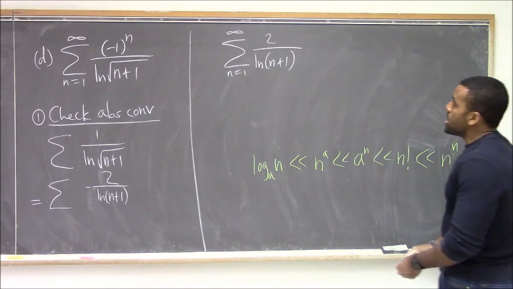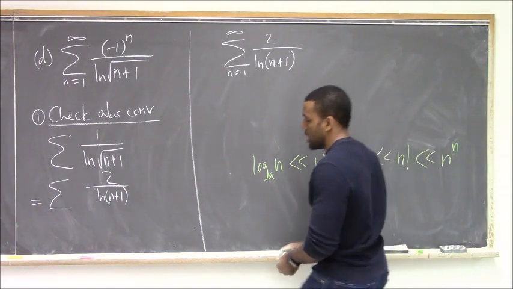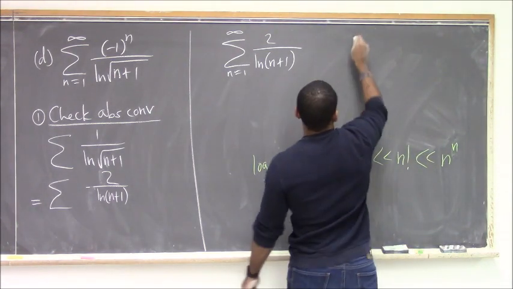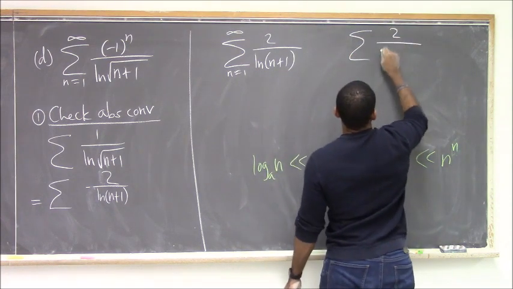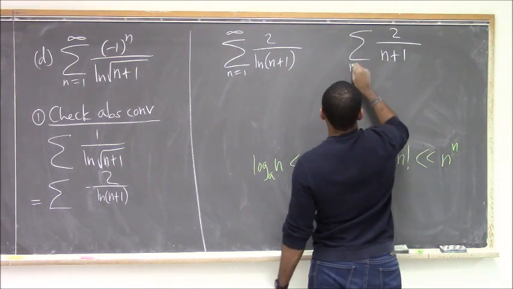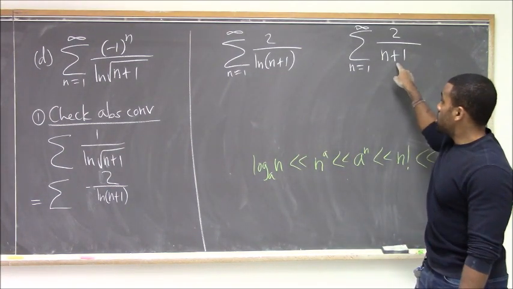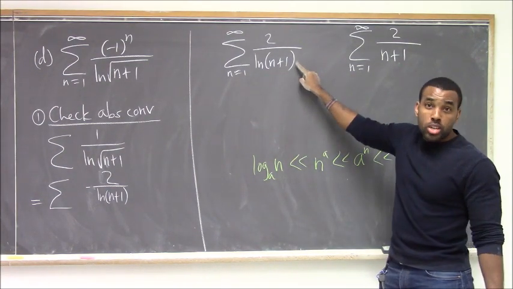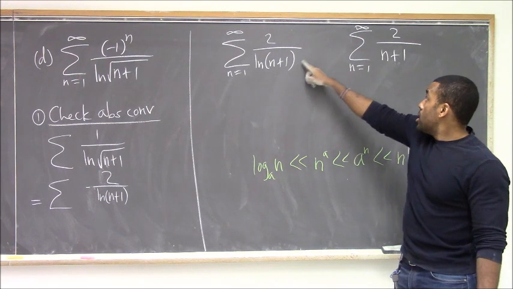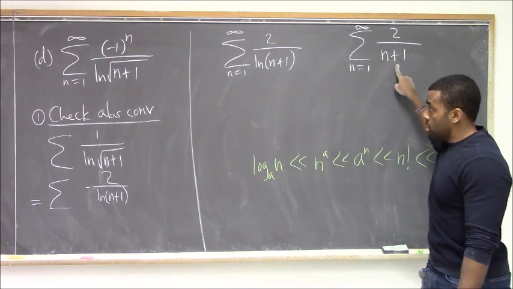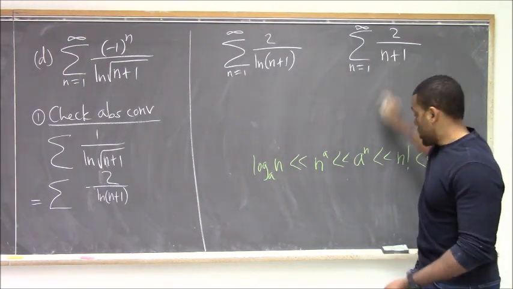So, for me to go from a situation like this to a situation like this, this denominator is going to be larger than that denominator. If I get a larger denominator, I get a smaller fraction.